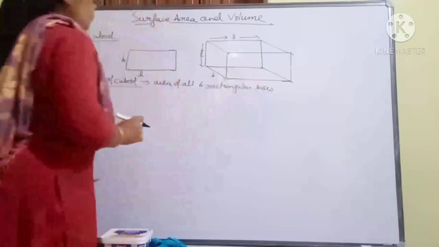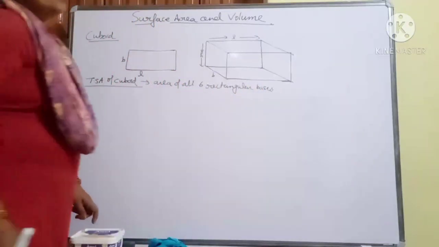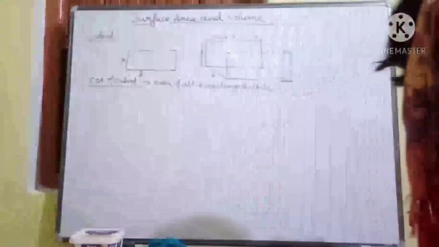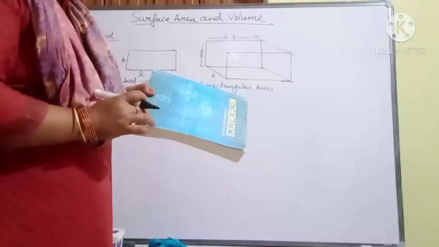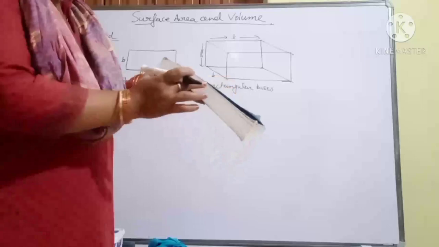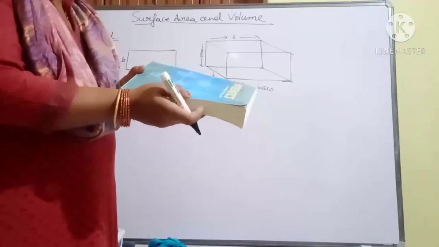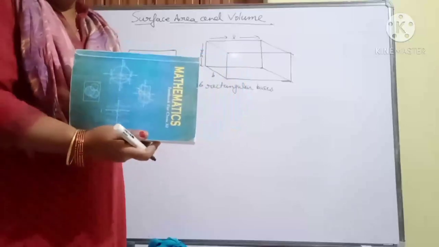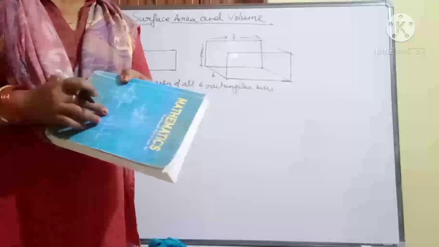If suppose I will take an example, it is an example of cuboid. What will be its area? Here it is length and this is breadth, and this one is height. Height of this book. It is a shape of a cuboid. So if I will take the area of this part, so what will be?